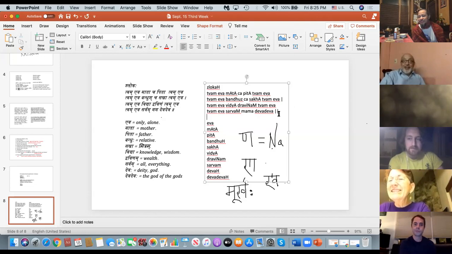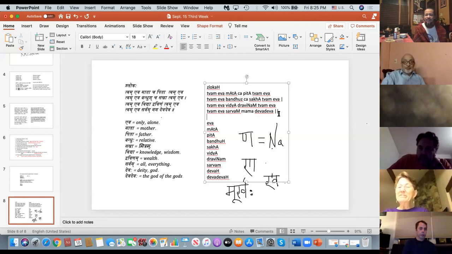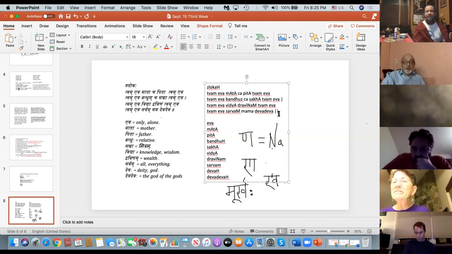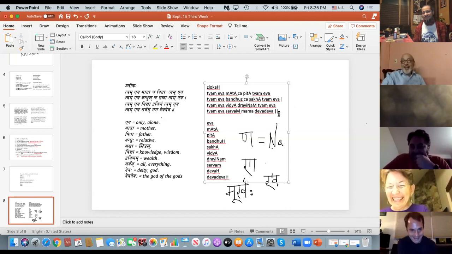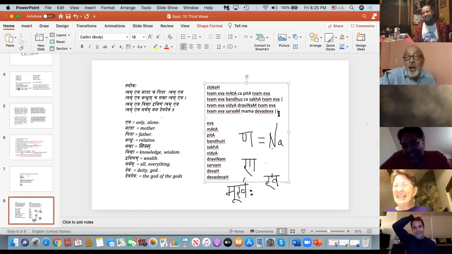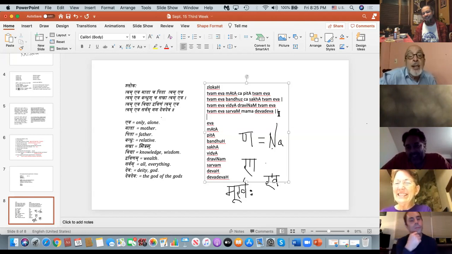Very good. Do you think you can translate this shloka into English one day? I have given all the meanings of the words, but you still have not learned how to sing. We will work on it, because most of the Sanskrit texts are written in shloka.